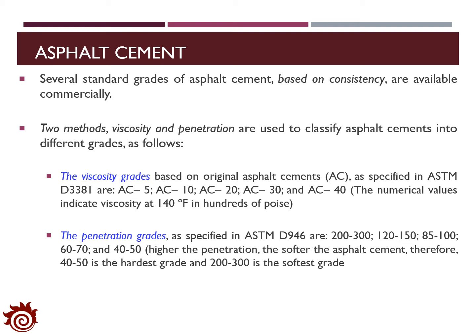If we apply the penetration grades, then we can use ASTM D946 to classify the asphalt cement. Depending on the penetration grade, we have the groups 200 to 300, 120 to 150, 85 to 100, 60 to 70, and 40 to 50. Generally, higher penetration indicates softer asphalt cements. So here, 40 to 50 is the hardest grade for the asphalt cement.